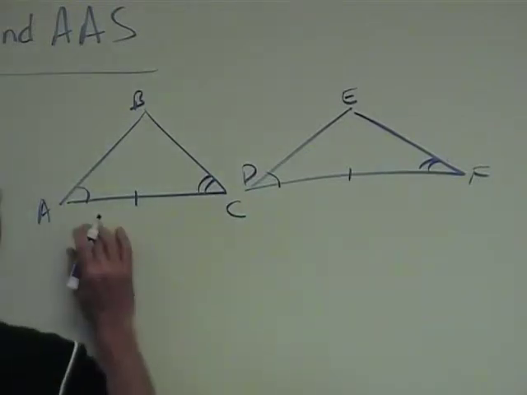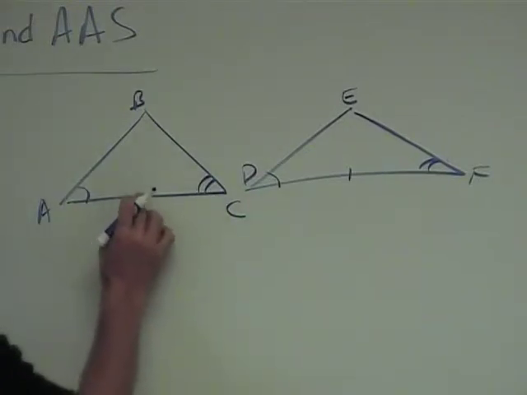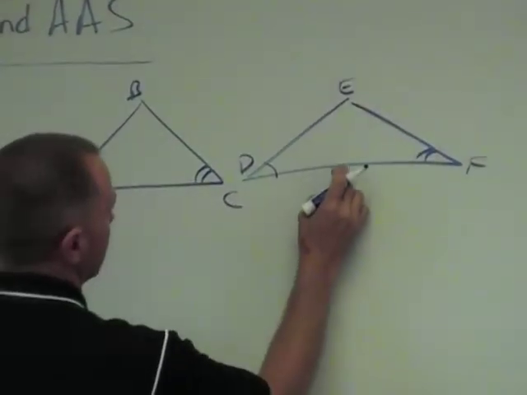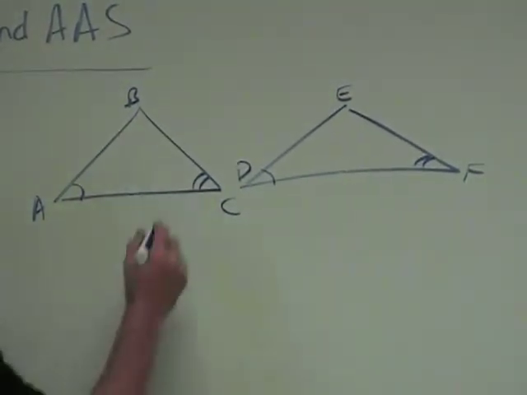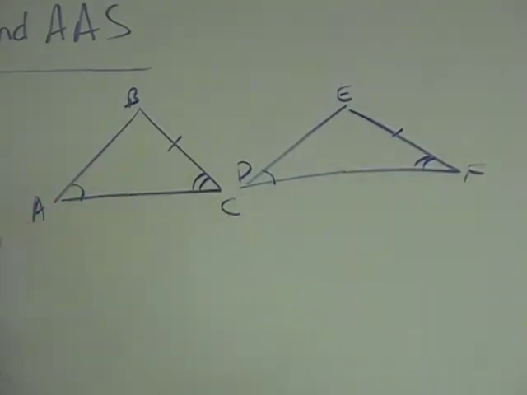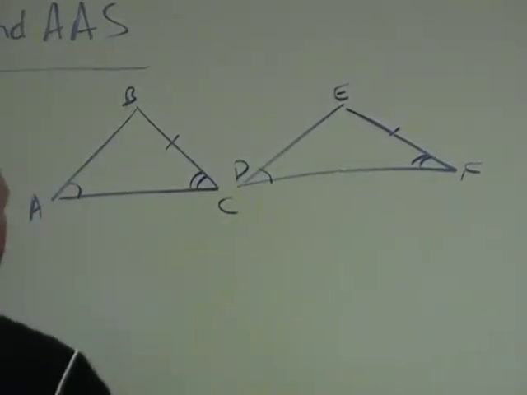As opposed to if I said these two angles are congruent to the other two angles, and this side is congruent to that side, you have angle angle side, then those two triangles have to be congruent. But the sides are in different positions. Okay. Alright, good.